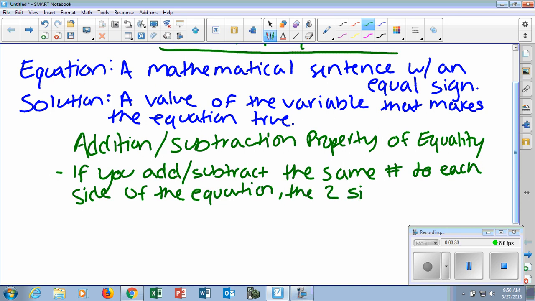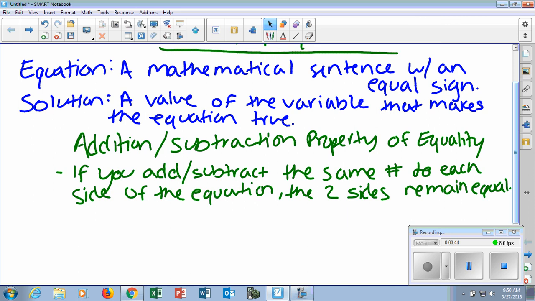The two sides remain equal. I'll give you a minute to get all that stuff down on your paper before we go on.